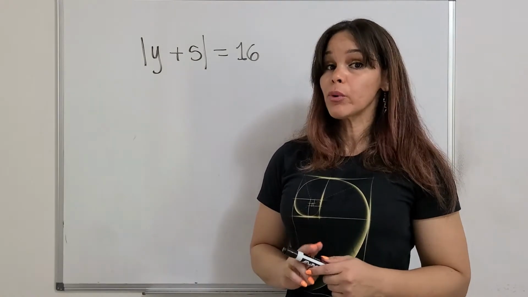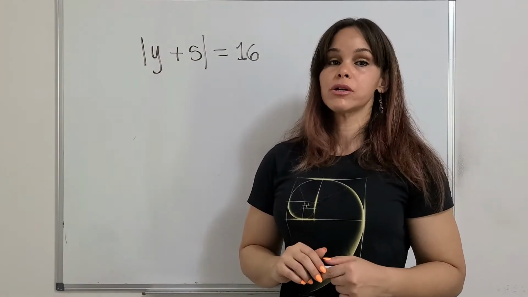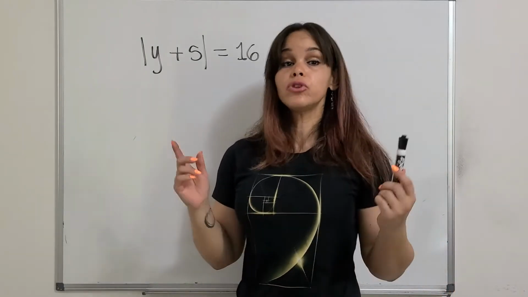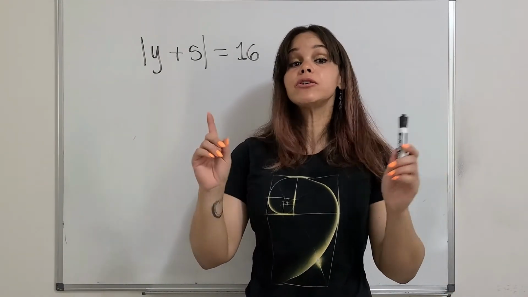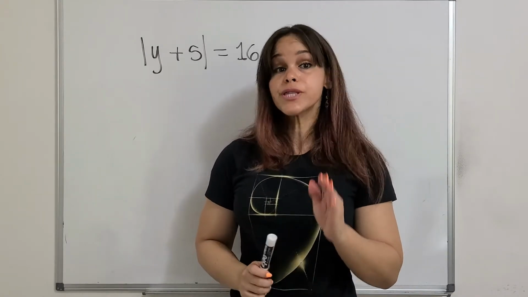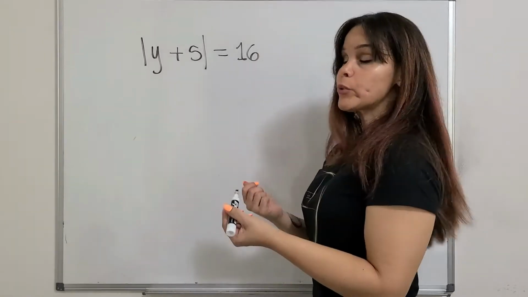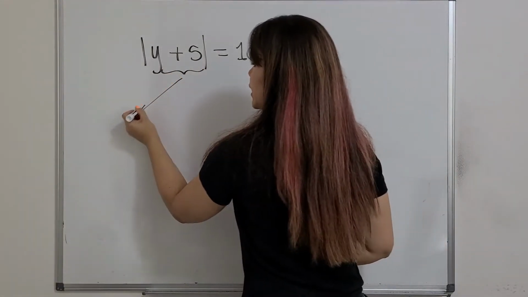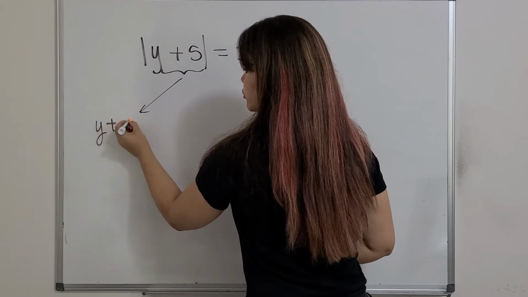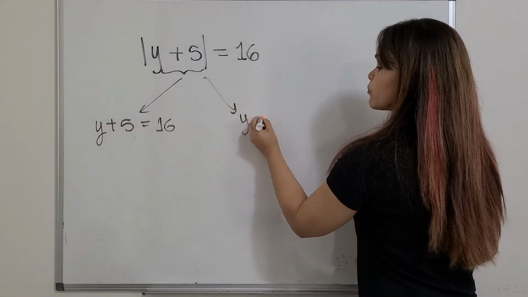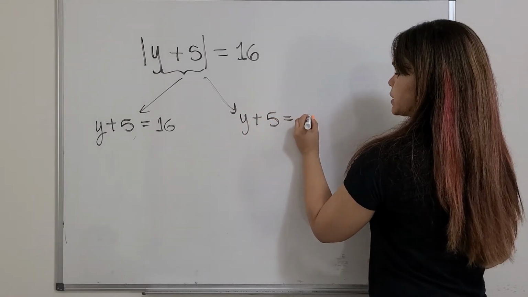Remember that we're going to have two possible values: either 16 or -16, which are the two numbers that are 16 units from 0 on the real number line. So as a first step, I'm going to have you write two equations. What you have inside the absolute value, we're going to write that either that expression is 16 or that expression is -16.